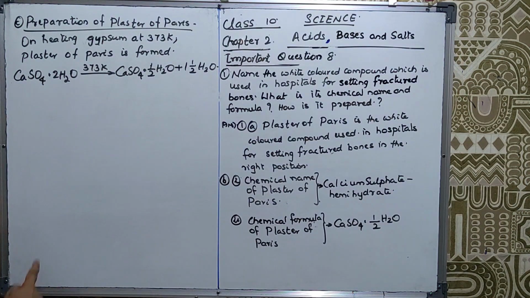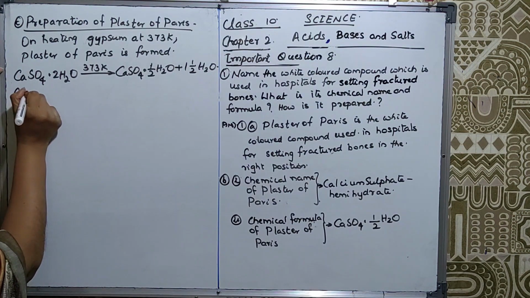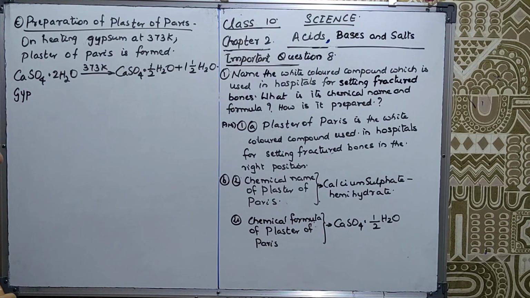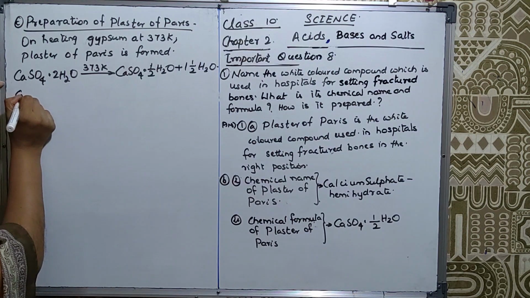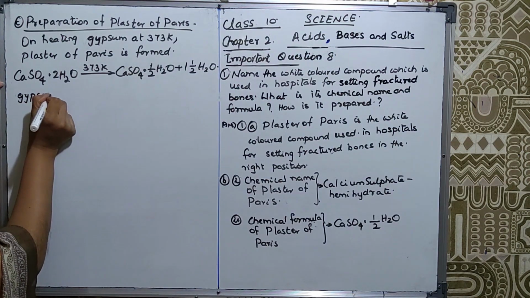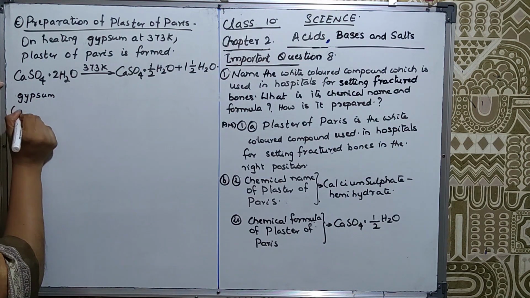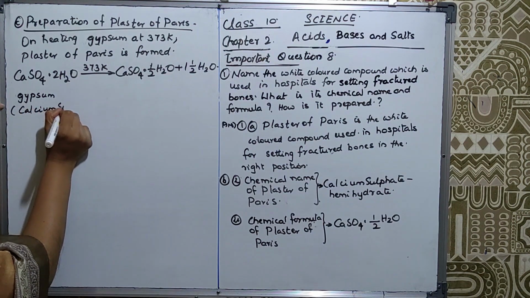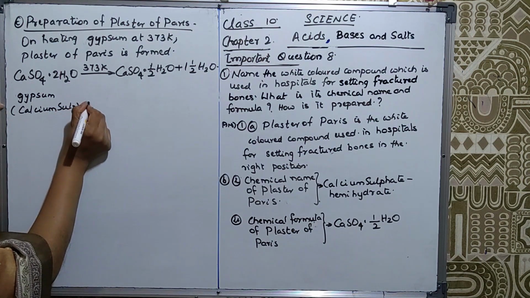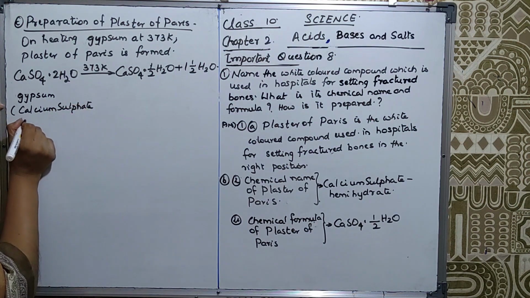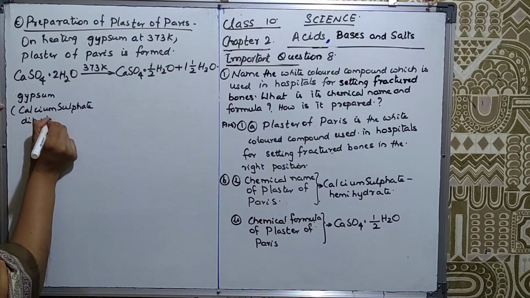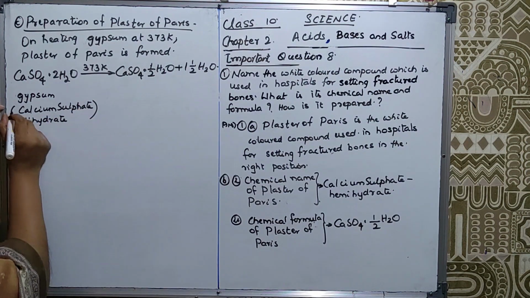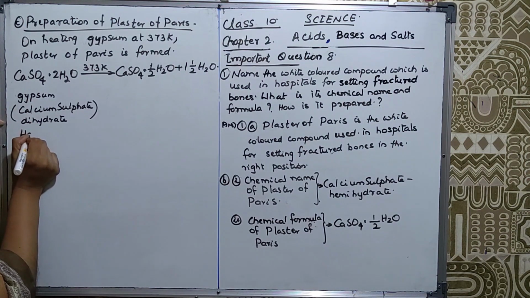And gypsum, its chemical name is calcium sulfate dihydrate. And it is a hard solid mass.